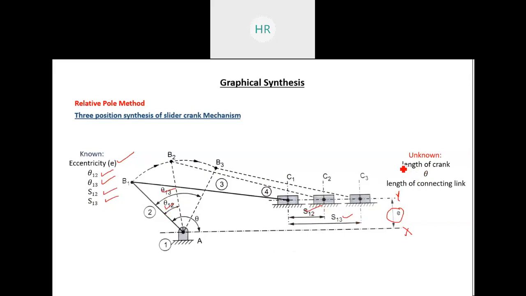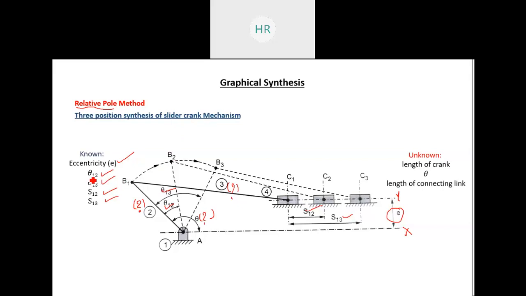And what will be unknown? Length of crank, the length of this link number 2, will be unknown. Angle theta, you can assume it also, it is not making any difference. Length of connecting link, meaning the length of link number 3, will also be unknown. So now how to solve this three position synthesis using the relative pole method, that we will look at.